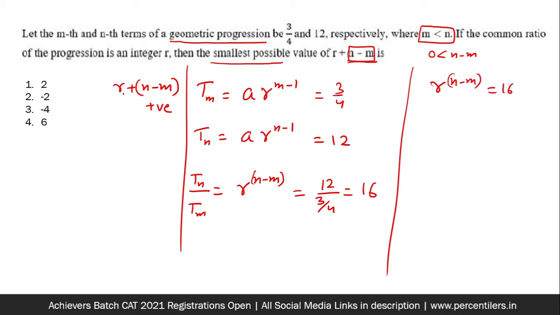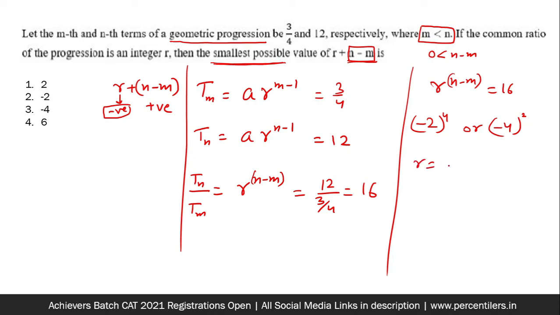We are focused on trying to get r negative. How can r be negative? It could be minus 2 to the power 4 or minus 4 to the power 2. Okay, it could be 2 to the power 4 or 4 to the power 2 also, but we are hell-bent on getting the smallest possible value. So we are going to take the smallest possible value of r.